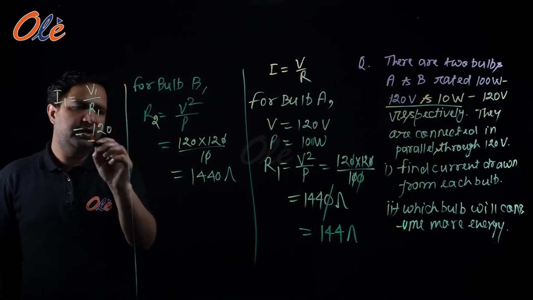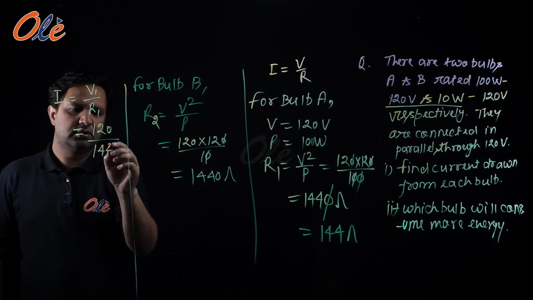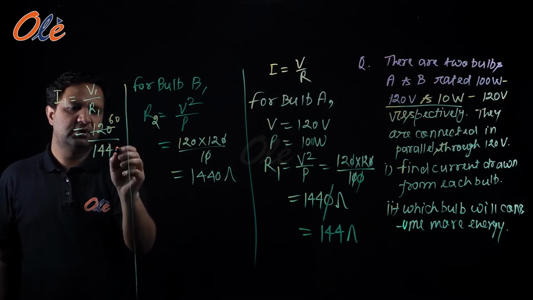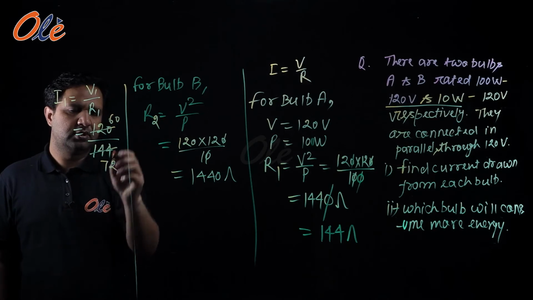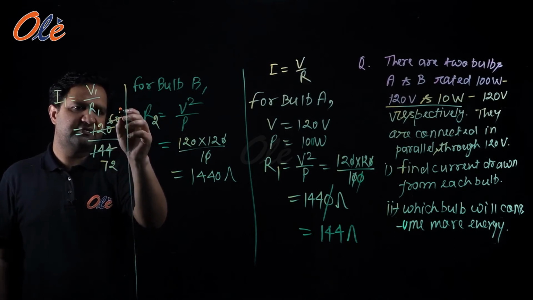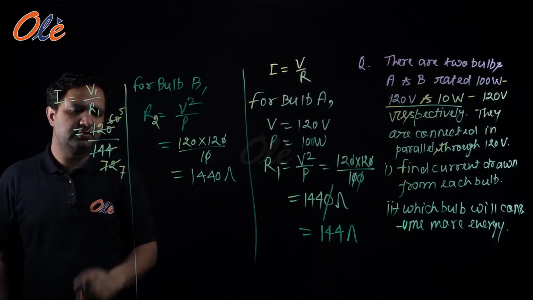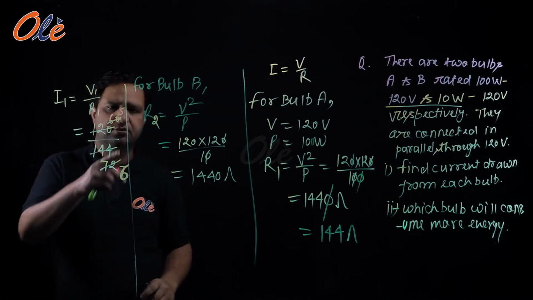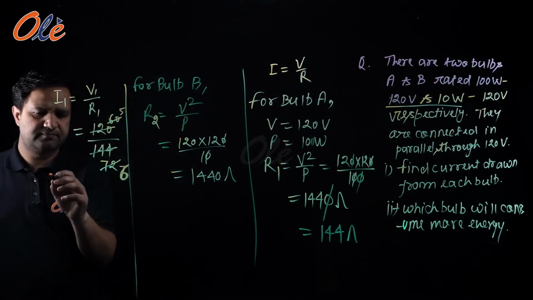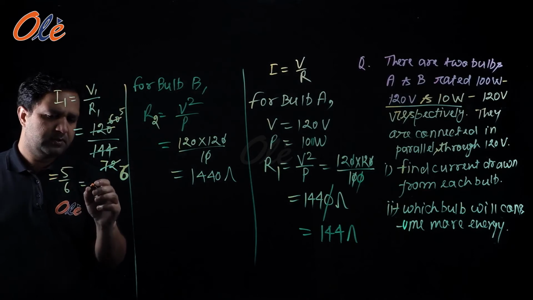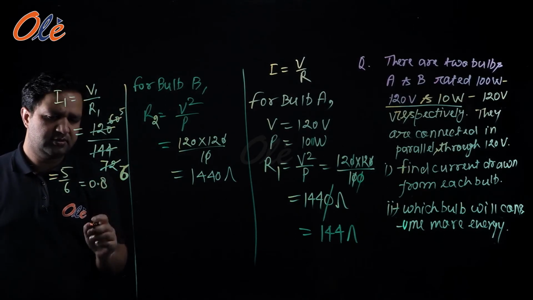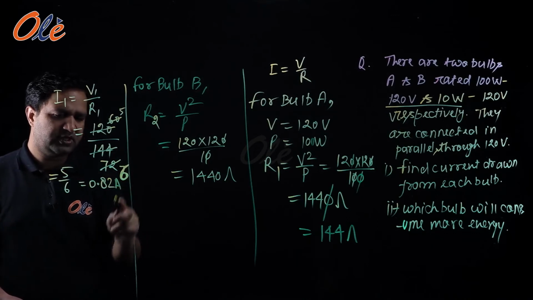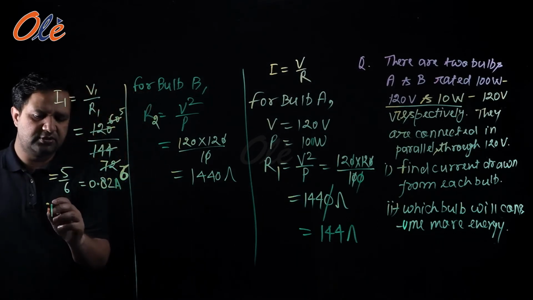So 120 upon R1, which is 144. ठीक, ये कैलकुलेट कर लेते हैं. 5 by 6 means 0.82 approx ampere. What will be the value of I2?